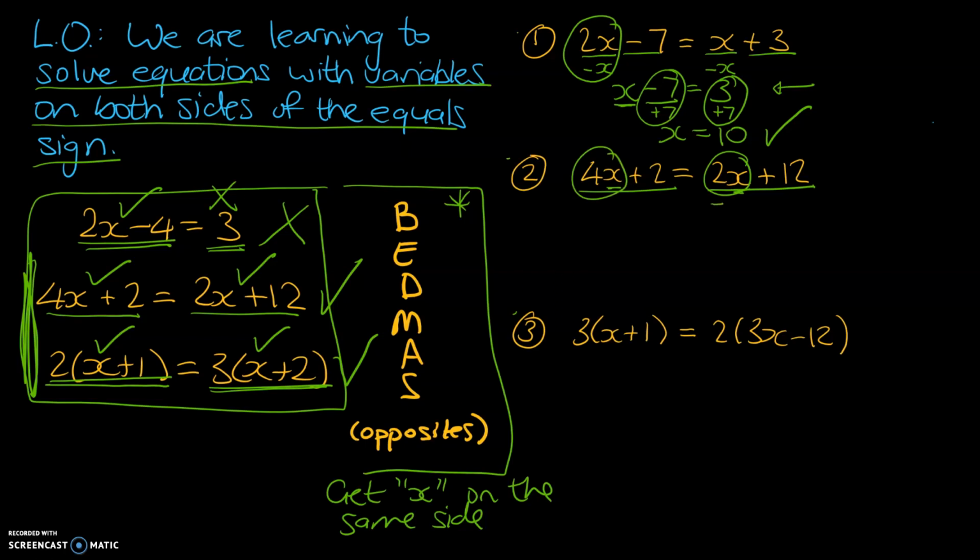Let's get rid of that 2x by doing minus 2x. Because we've done it to that side, we must do it to the other side as well. 4x minus 2x becomes 2x. We haven't done anything to that plus 2, so we'll put that there. The equal sign goes there. 2x minus 2x becomes 0, so we can just ignore that. And we're left with the 12, which we haven't done anything with.